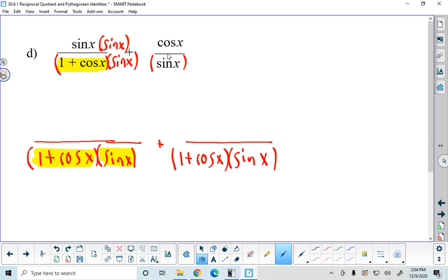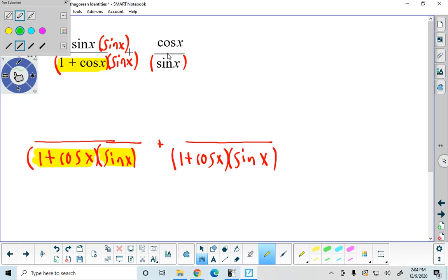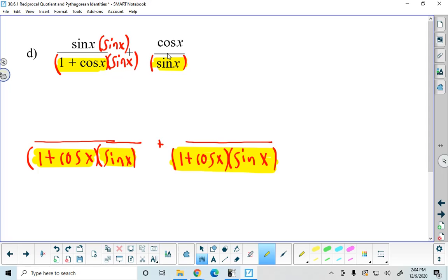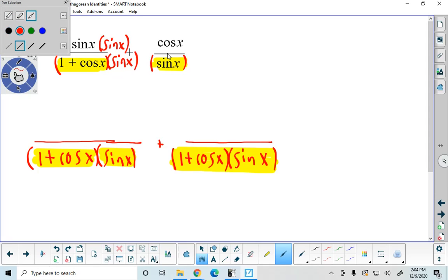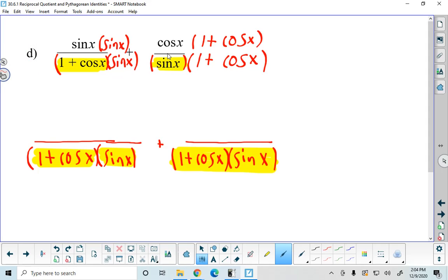The second fraction has a sine x already, but I need to have sine x and 1 plus cos x. This has nothing to do with identities yet. I'm just bringing things together with a common denominator. So I need to multiply the numerator and denominator of this by 1 plus cos x. What we end up with on the top is sine squared of x, plus cos of x times 1 plus cos of x.